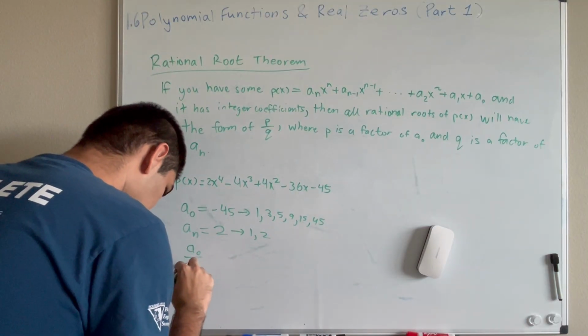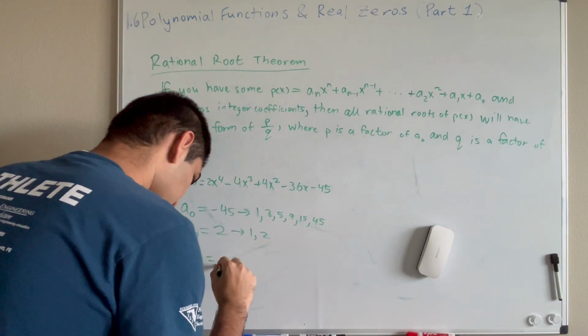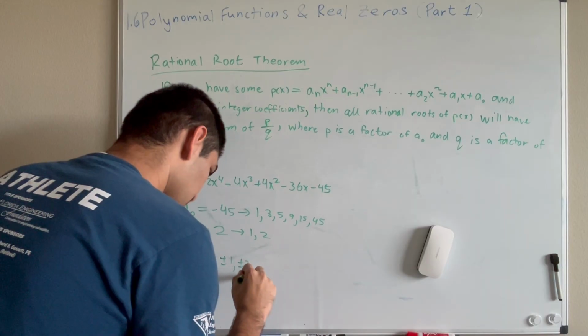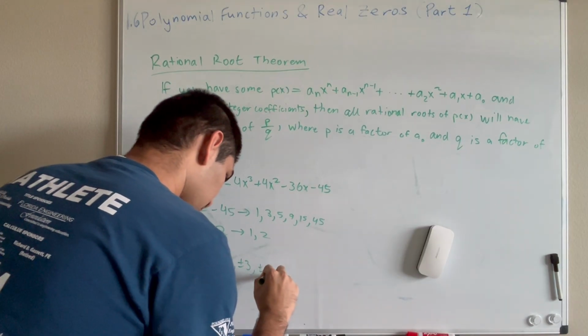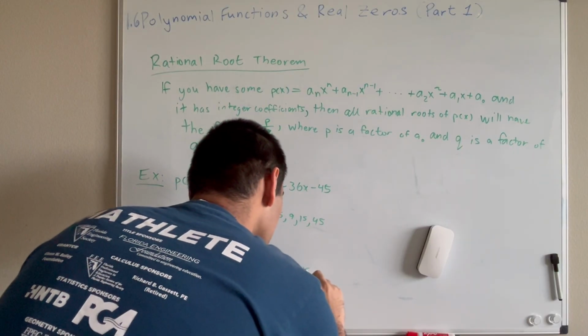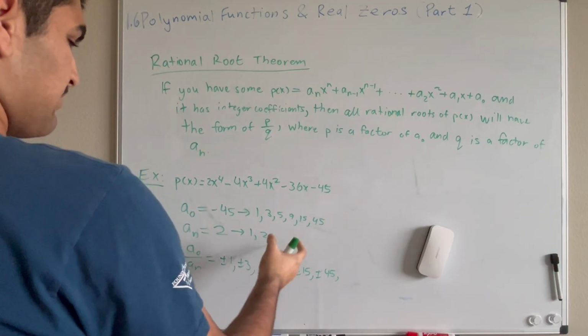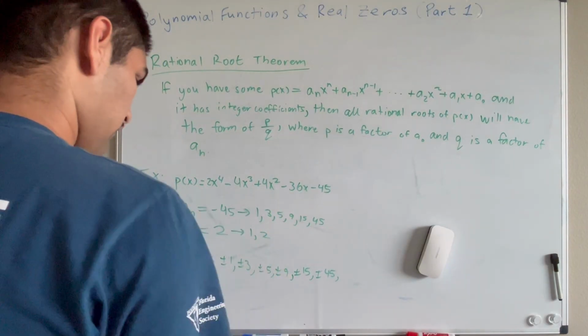So our total possibilities will be each of these numbers over 1 first. So that just gives us plus or minus 1, plus or minus 3, plus or minus 5, plus or minus 9, plus or minus 15, plus or minus 45. And now you do the same thing, but you put all of these numbers over 2.